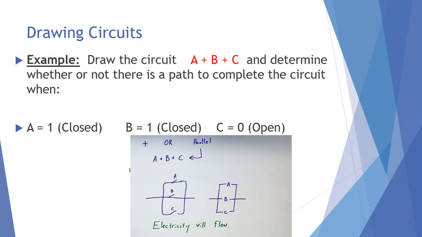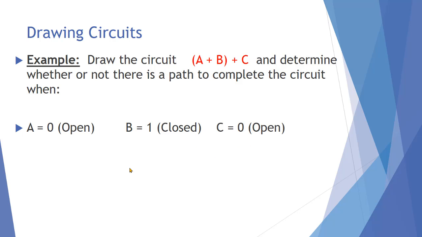Now I want to compare that with a very similar Boolean expression. What role do parentheses play? Let's draw the same circuit, A plus B plus C, but we're going to put parentheses around A and B. And we'll determine whether or not there's a path to complete that circuit when we have a different set of criteria. A is open, B is closed, and C is open.